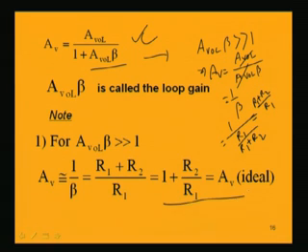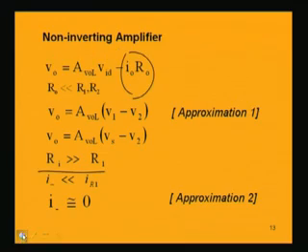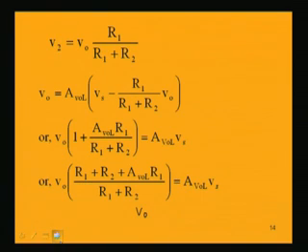If we now recall the gain of a non-inverting OpAmp, which we earlier got using ideal OpAmp consideration, it was 1 plus R2 by R1, where R2 is the feedback resistance. If we look into this circuit, R2 is the feedback resistance from output to negative, and R1 is the resistance from negative terminal to ground.